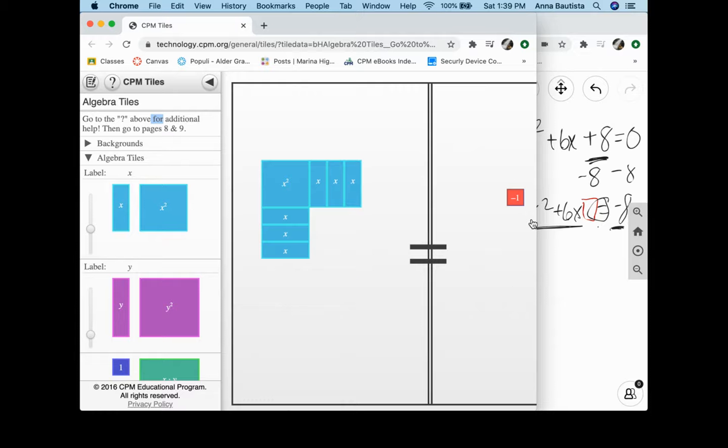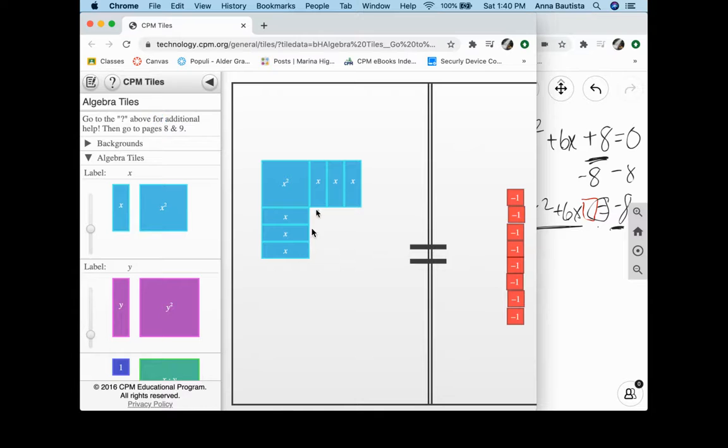If you tap it once, it turns negative. We want them all to be negative because we have a negative 8 on the other side. 2, 3, 4, 5, 6, 7, 8. I like to keep them nice and neat just so it stays a little bit in order. Okay, so we're going to leave it like that.